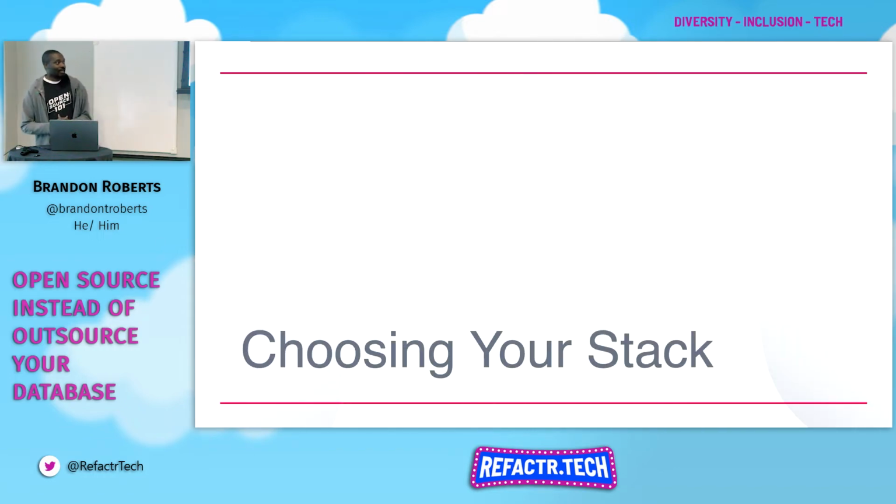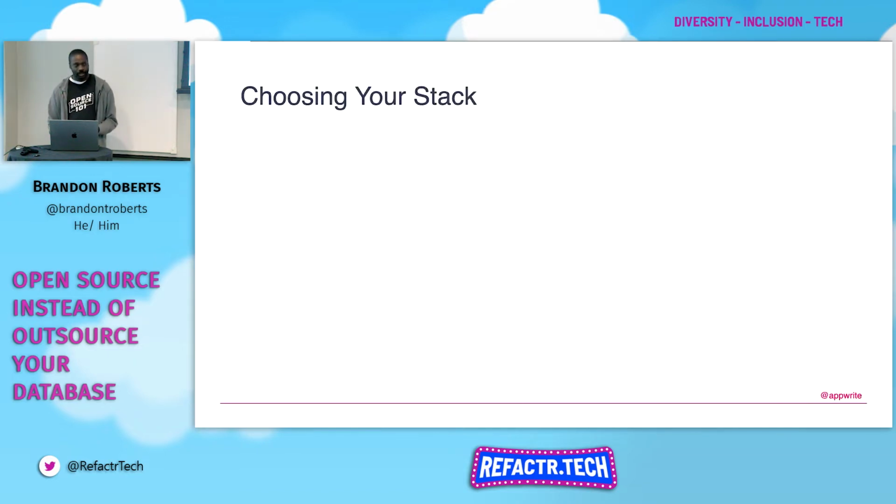First, I'll talk about choosing your stack, and the choices you have to make when building products. Of course, with the product that you want to make yourself, you have to think about what type of product or thing you want to build, whether it be a front end or web app, or a mobile app.